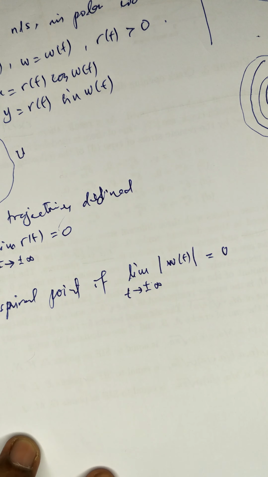In this case, the spiral point looks like that.